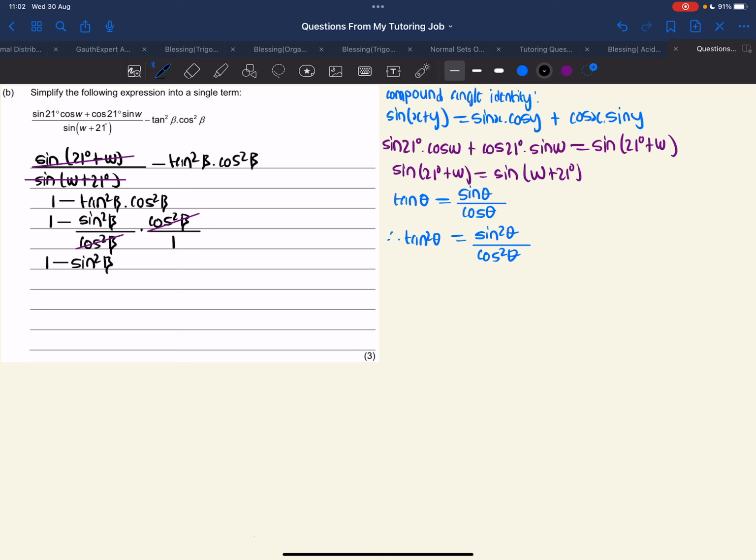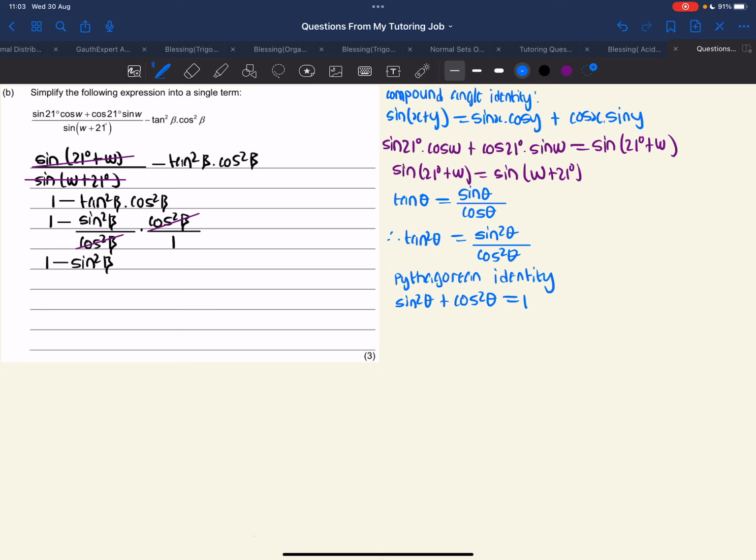Another thing I need you to look at is the Pythagorean identity. The Pythagorean identity says that sine squared theta plus cos squared theta equals 1.